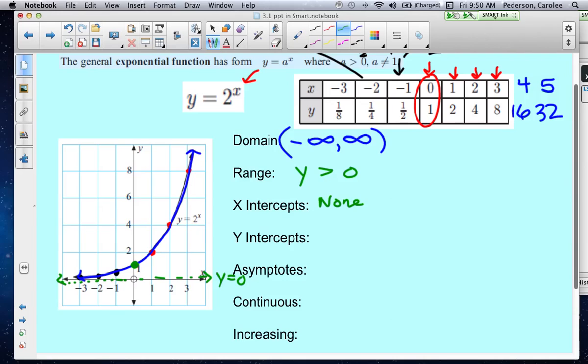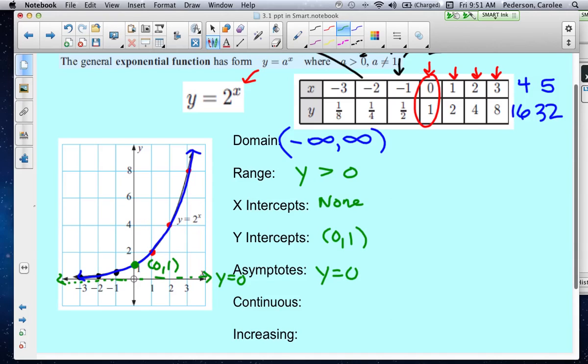Very important number. We tend to focus on the y-intercept, or the critical point would be this. So when we take care of transformations later in this lesson, we're going to focus on that 0, 1. And we already talked about the asymptotes. There's a horizontal asymptote at y equals 0.